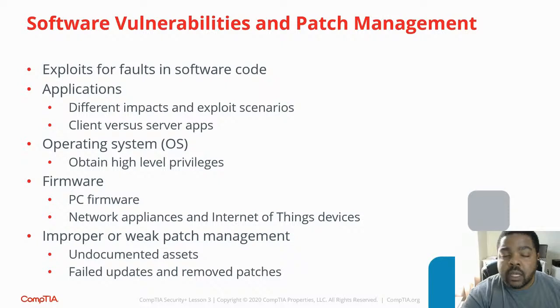A lot of times we see that the problem with vulnerabilities is that they live in a software world. So it's your application that's the problem, it's the actual operating system, or it's your firmware. They may need updates because they have a vulnerability that needs to be mitigated in order for you to work on it securely.